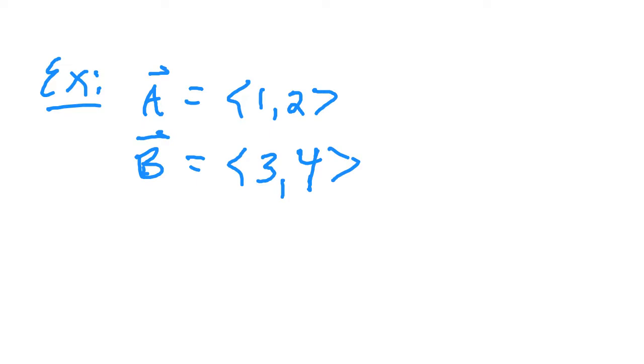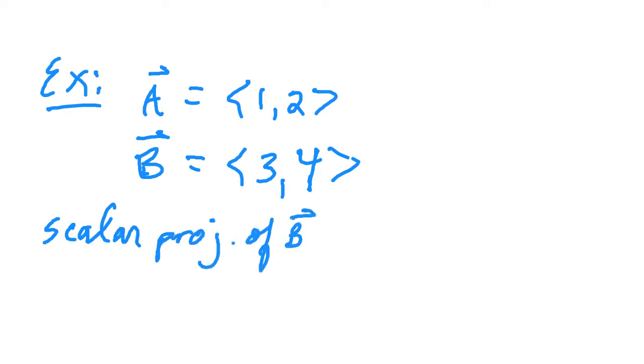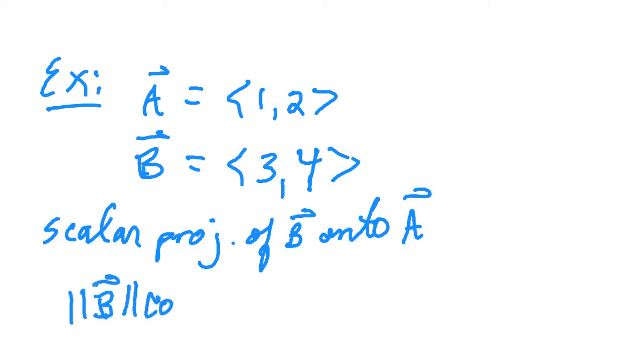And if I want the scalar projection of B vector onto A vector, there are two different ways that we can do this. I could figure out the cosine of the angle in between. So I could say norm of B vector times cosine theta, but I'd have to figure out what cosine theta is between those two vectors.